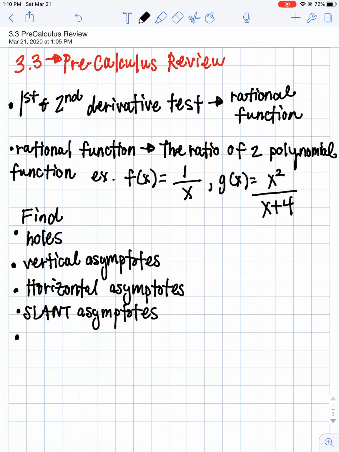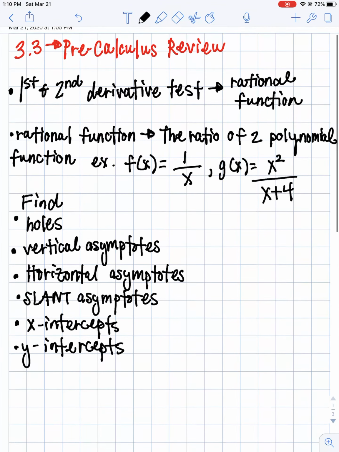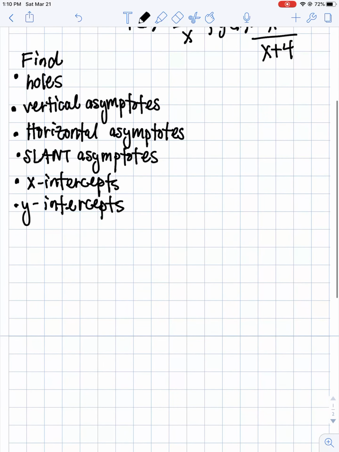And I need you to be able to find x-intercepts and y-intercepts. And I'm not sure if we know how to do some of this kind of stuff. So that is the main goal of this little pre-cal review. And so it's a lot, just to warn you. So let's get started with some of it, okay?